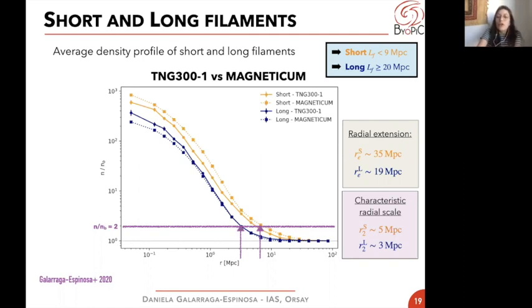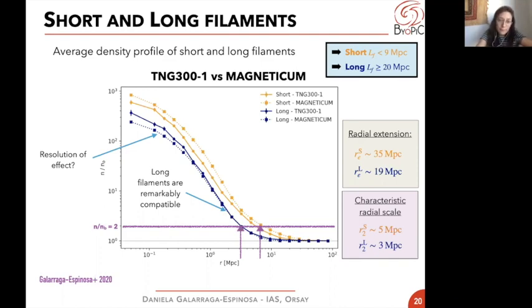So short filaments are short and a bit fat, puffy. And long filaments are long and thin. They are less extended than short filaments. If we focus on the long filaments, we can see that they are remarkably compatible at radius higher than 1 megaparsec.